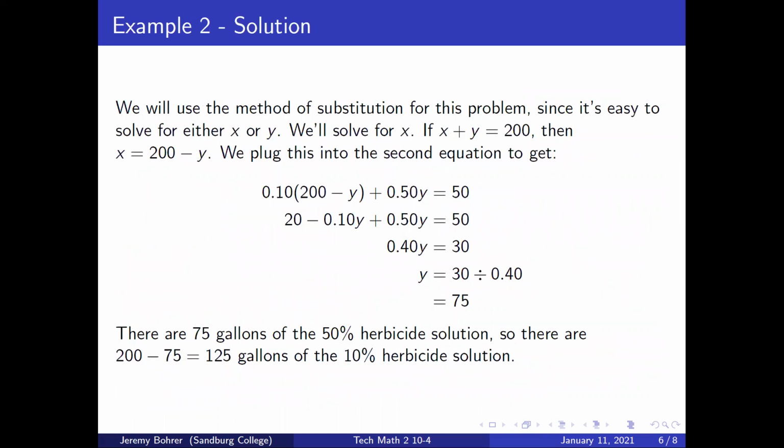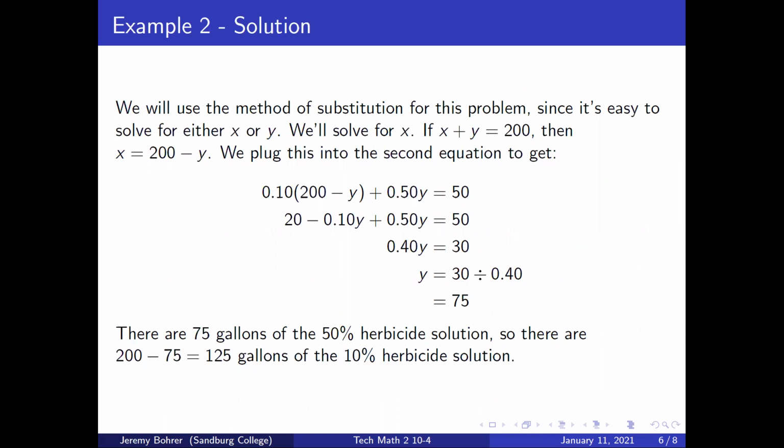We will use the method of substitution for this problem since it's easy to solve for either X or Y. We'll solve for X. If X plus Y equals 200, then X equals 200 minus Y. We plug this into the second equation to get 0.10 times (200 minus Y) plus 0.50Y equals 50.